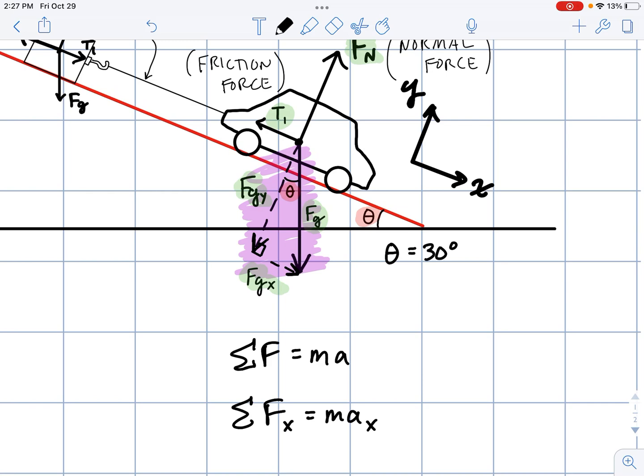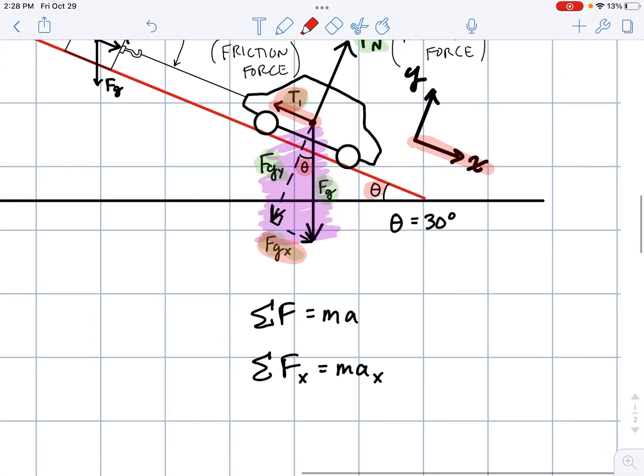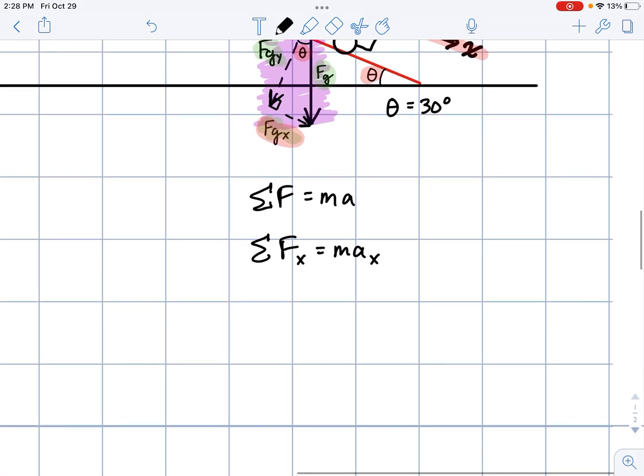The reason I'm choosing x is because the tension force is in the x direction. So we want to consider all the forces in the x direction and add them up. The only other force in the x direction is FGX. So we have the tension force going up the ramp and the FGX force going down the ramp. That's it. Now the car is not accelerating in the x direction.